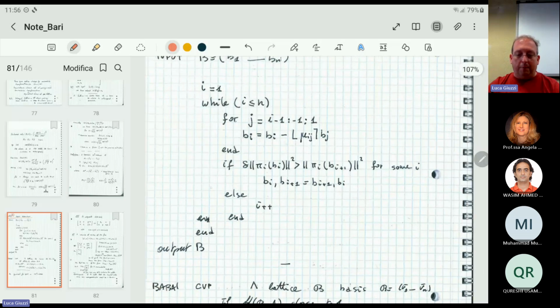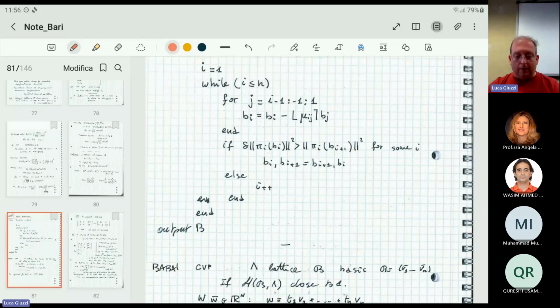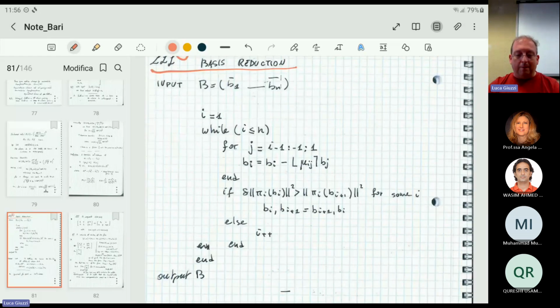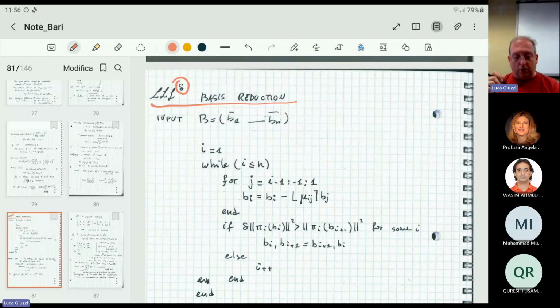Here we have a step in which we guarantee that the vectors are put in order of magnitude, and that's important for proving that this algorithm converges in polynomial time. So this is a polynomial time algorithm. The problem with this kind of algorithm is that it doesn't give you the best basis you can get, or a basis which is as orthogonal as possible.